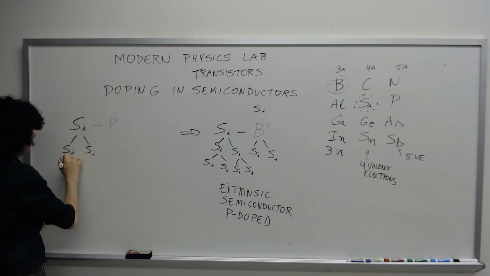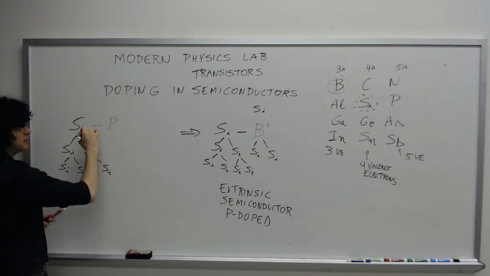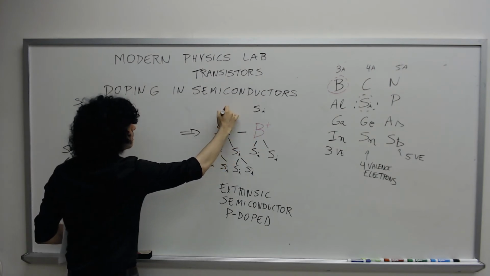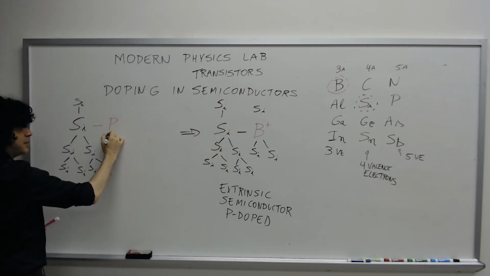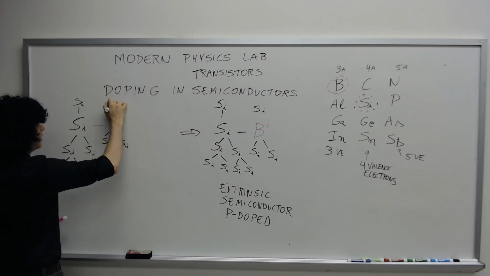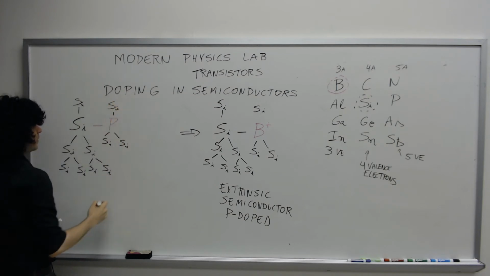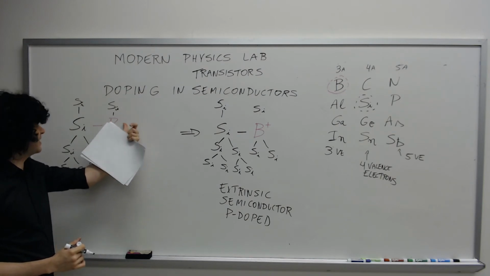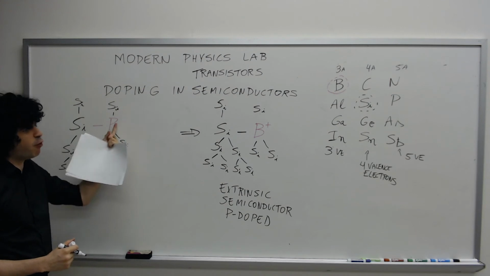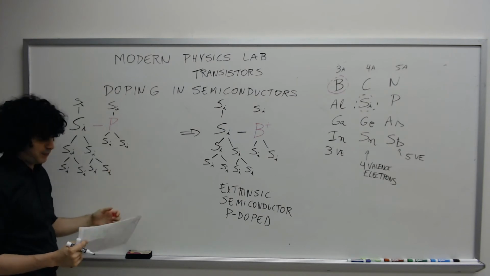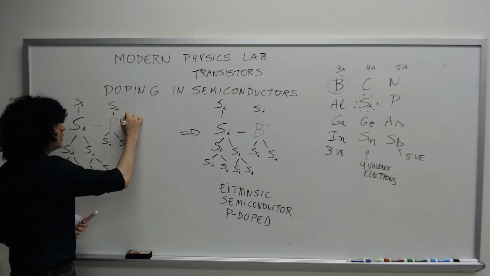Silicon, silicon. So in this case, you have 5 valence electrons now in this region, instead of 4 for the original intrinsic semiconductor. So we have an additional electron here.